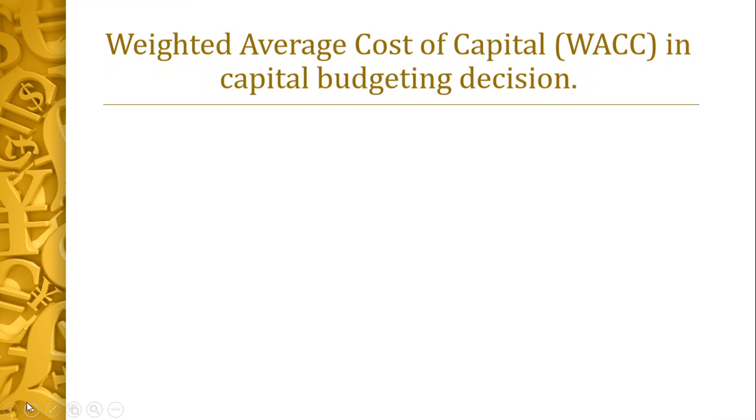The last 3 sums we had discussed, and after that we started discussing weighted average cost of capital. What is weighted average cost of capital? It simply tells the costs of different sources of finance, or different sources of capital. Here there are two things, one is weight and the other is cost.